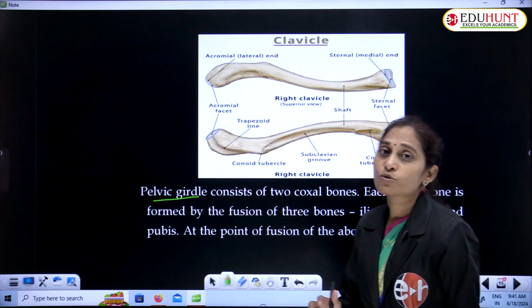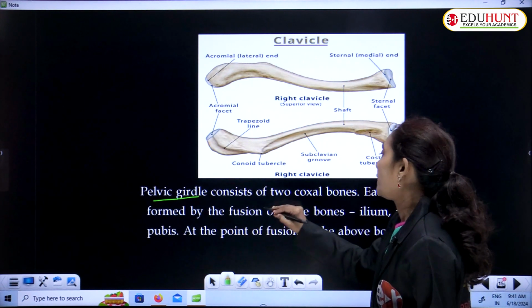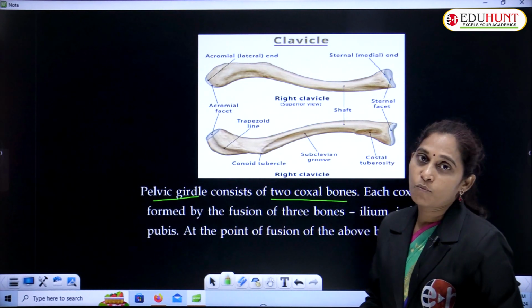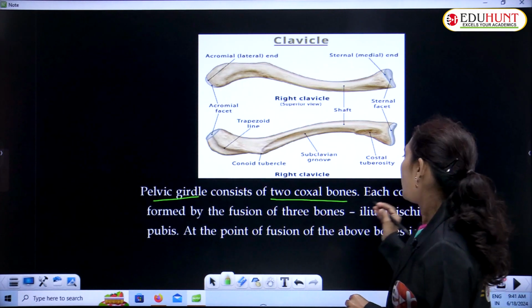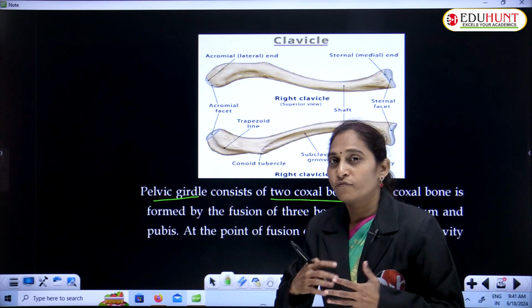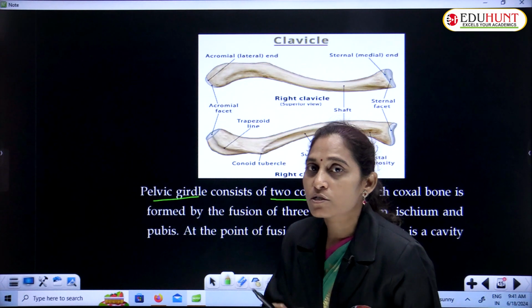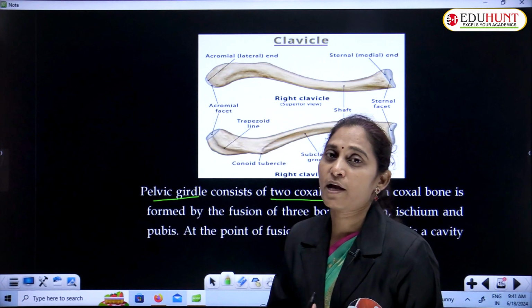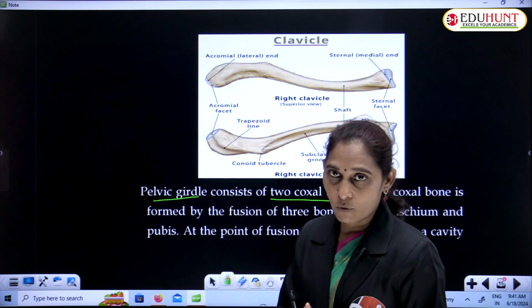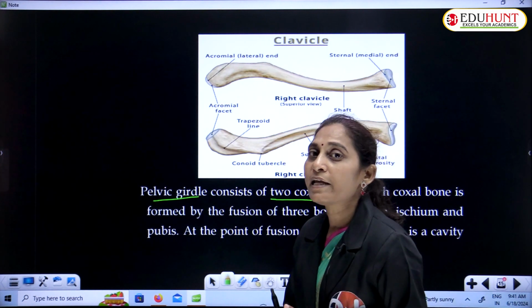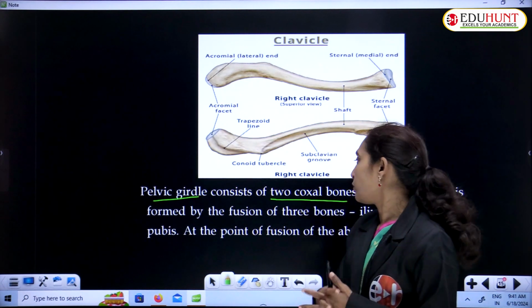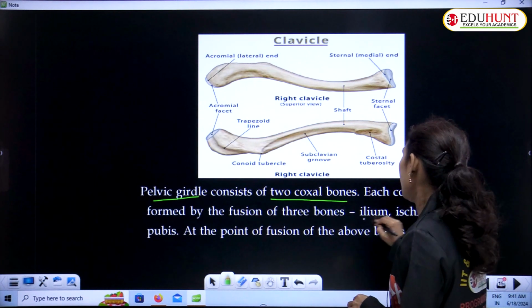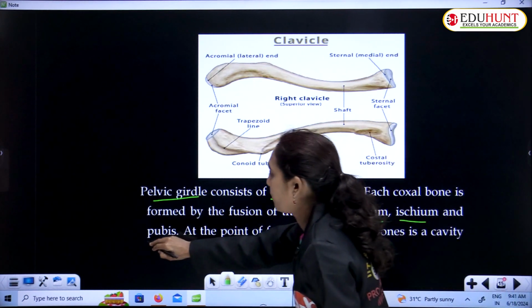The pelvic girdle also consists of two halves, and each half consists of a coxal bone. Each coxal bone is formed of three separate bones which are fused together. The three bones are ilium, ischium and pubis.